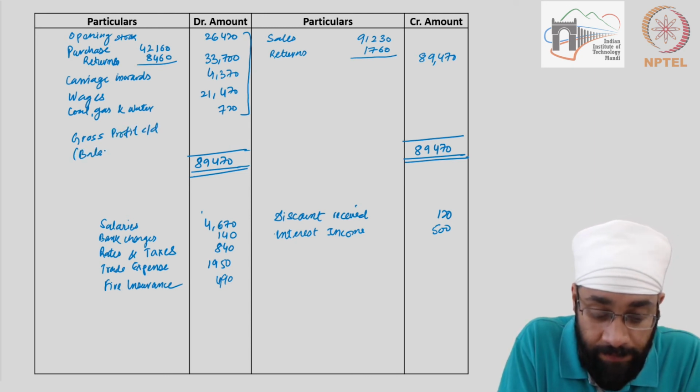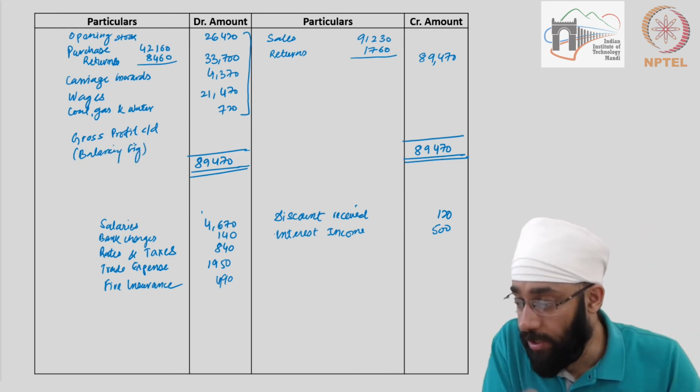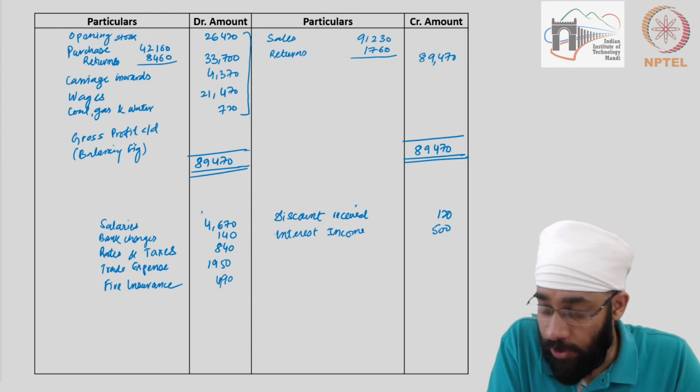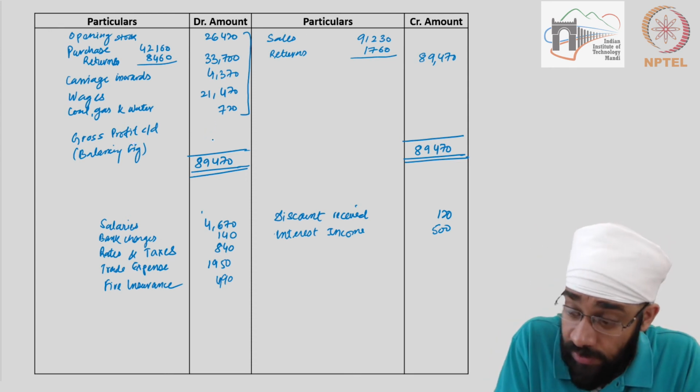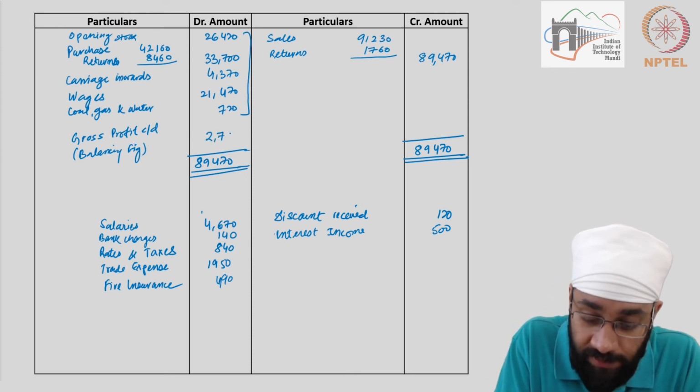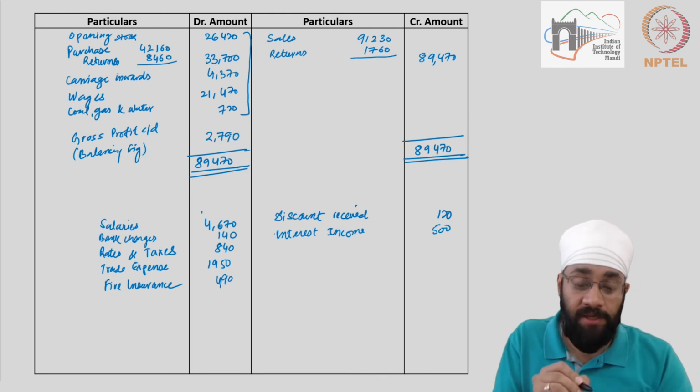This is a balancing figure, and I of course have done the calculations here, and the gross profit comes out to be 2790. This is the balancing figure.